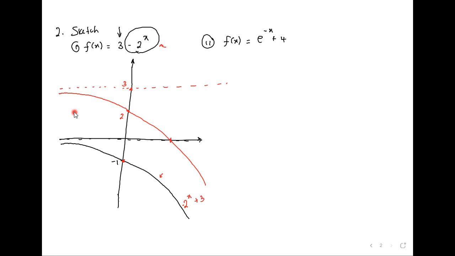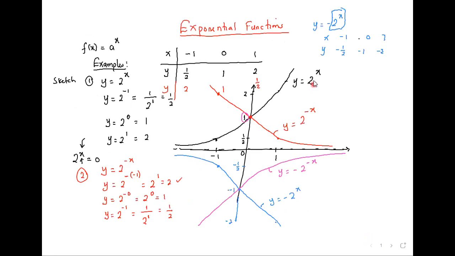So how did we find the negative 1? When you substitute 0 where it's x, we'll have y is equal to minus 2 to the power 0.